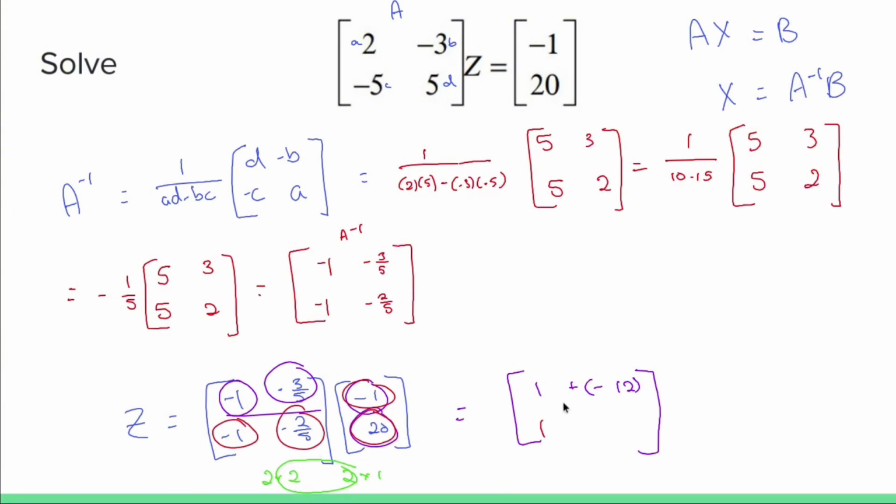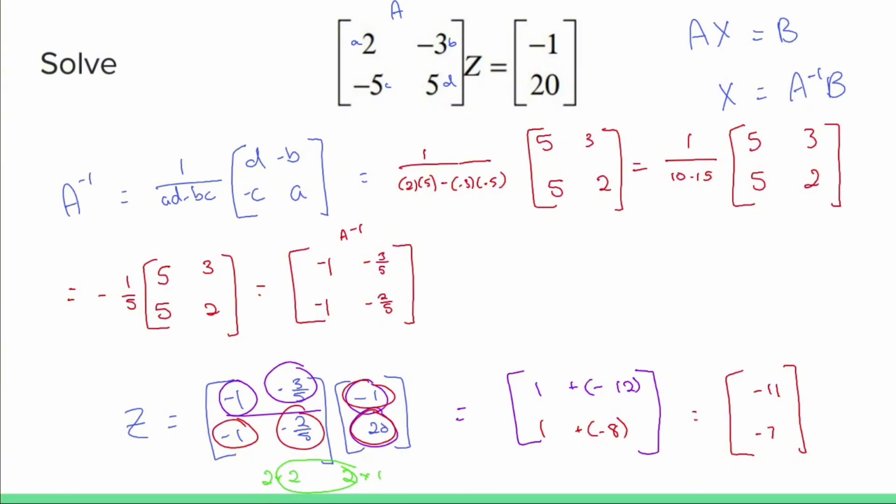Negative 2/5 times negative 20 is going to be plus negative 8. So finalizing this matrix and getting my answer is going to be 1 minus 12, which is negative 11, and 1 minus 8, which is negative 7. So that matrix times negative 11, negative 7 would give me that matrix. Isn't that neat? It is neat.